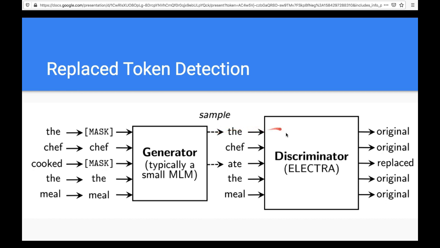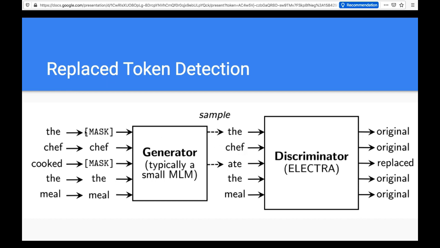There's another model here, which is where the novelty comes from. The discriminator is called ELECTRA. This discriminator tries to predict whether each token is original or replaced.